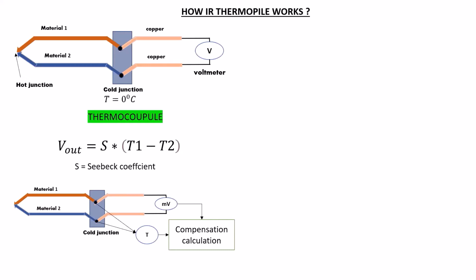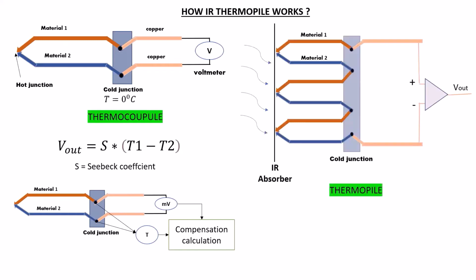Now, if we measure the temperature of a body using IR light with a single thermocouple, it generally gives a voltage in microvolts. To increase the output voltage, many serially connected thermocouples are thermally joined together, all their hot ends together and all their cold ends separately.